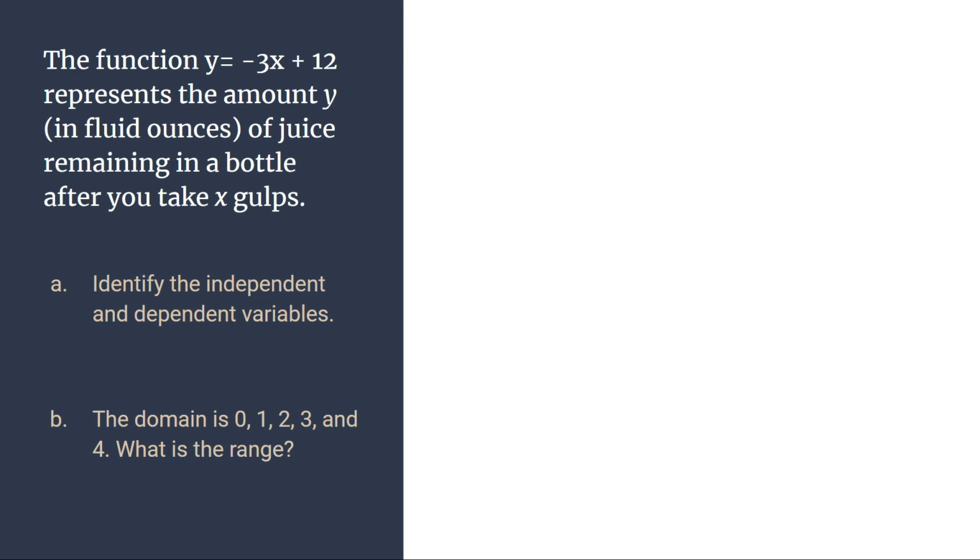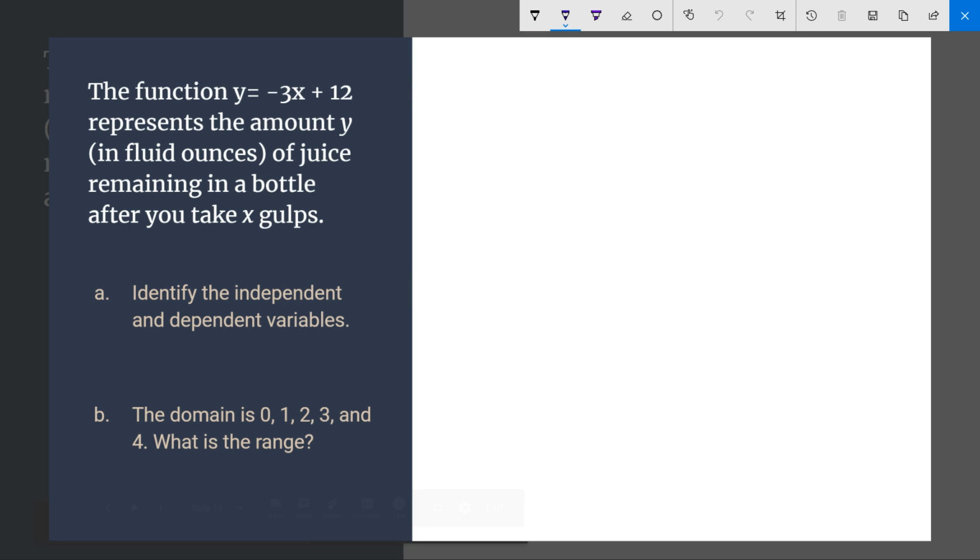So y is the remaining amount in the bottle, and then x is the number of gulps you've taken. Okay, so the independent variable, that is our x. Okay, so independent x value is number of gulps.